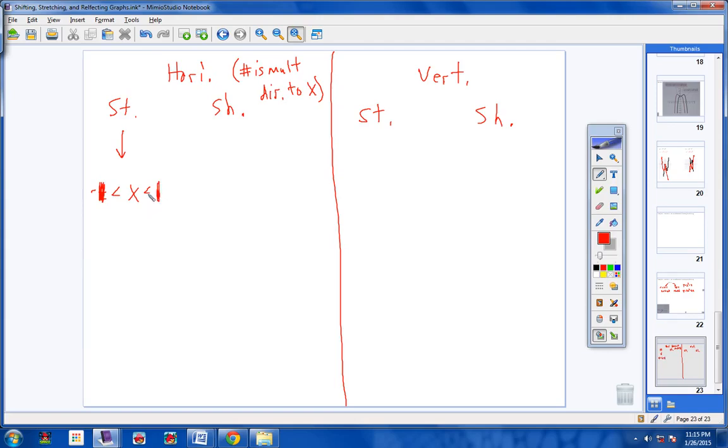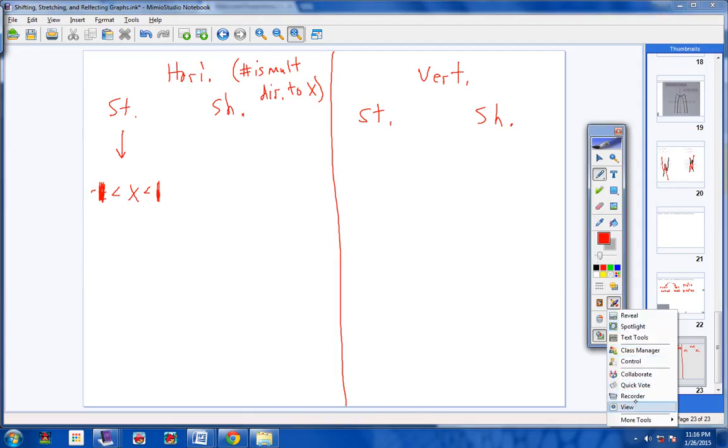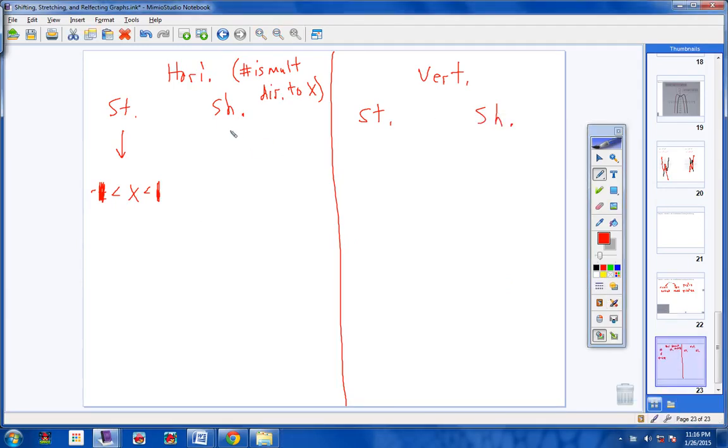For it to be a stretch, when you're dealing with horizontal stretches and shrinks, x has to be greater than -1 and less than 1. For it to be a shrink, the absolute value of the number should be greater than 1. Now this will be the opposite over here.